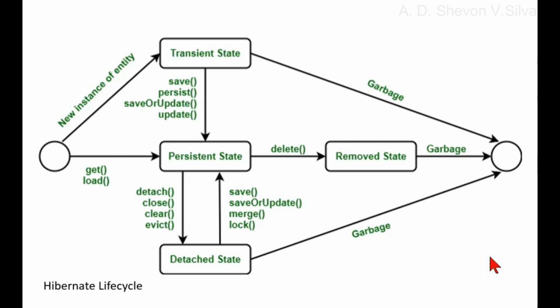There are mainly 4 states of the Hibernate lifecycle: transient state, persistent state, detached state, removed state.